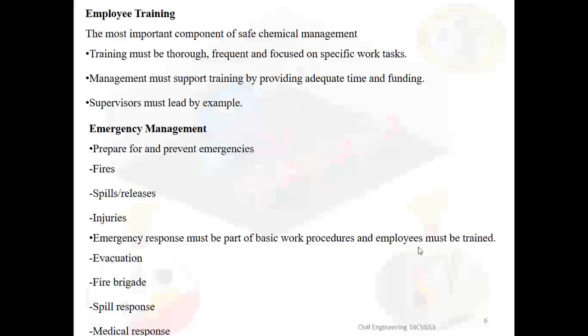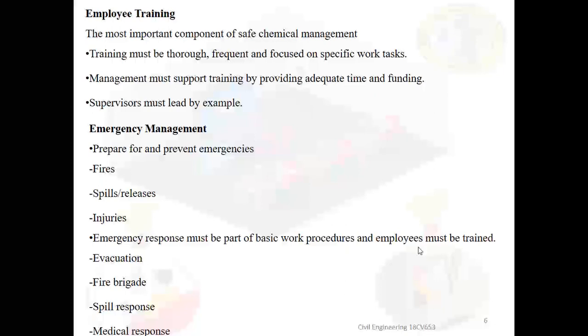First of all, emergency management should be there. Prepared means the institution or the management should be prepared for basic emergencies, like if there is a fire, a release of chemicals, or injuries.